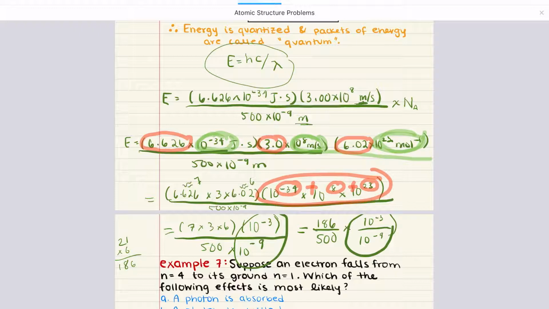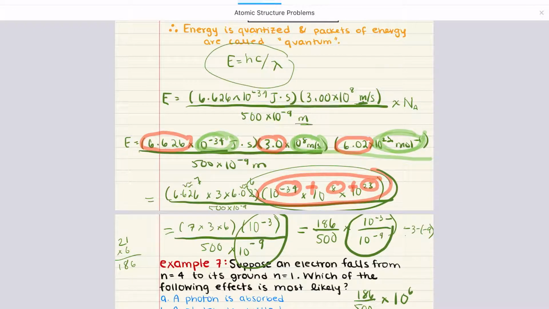This 126 over 500, let's just keep it that way for now. But this 10 to the minus 3 over 10 to the minus 9, we can figure this out by doing a subtraction because they're being divided. They're not being multiplied together like we saw right here. So what we have here is now minus 3 minus negative 9, which is minus 3 plus 9, which is going to give us 6. So now we have 126 over 500 multiplied by 10 to the power 6.